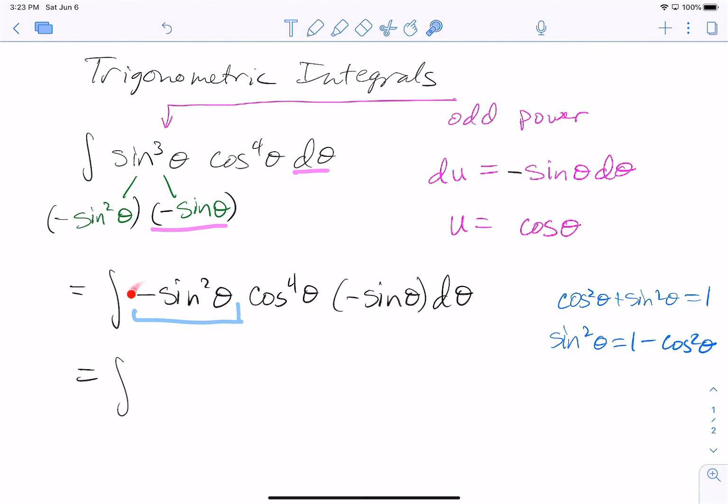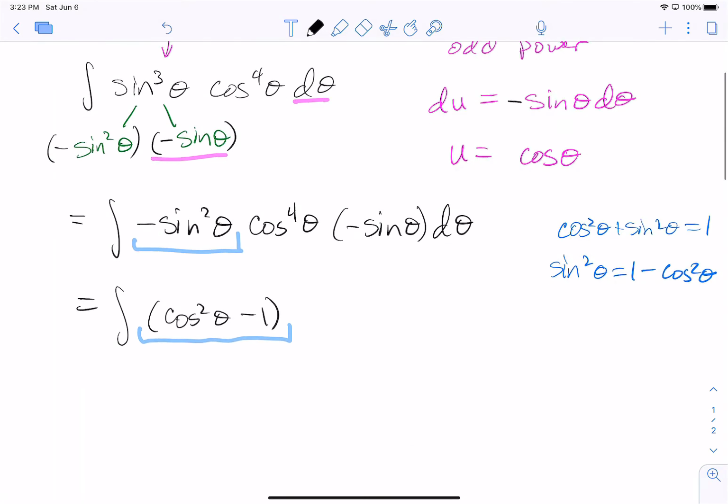Because there's a negative in front of the sine squared of theta, instead of writing 1 minus cosine squared of theta, I'm going to replace that by cosine squared of theta minus 1. That replaces the negative sine squared of theta, and then I'll just write the rest of the integrand as it was, times the cosine to the fourth of theta times the negative sine of theta d theta.